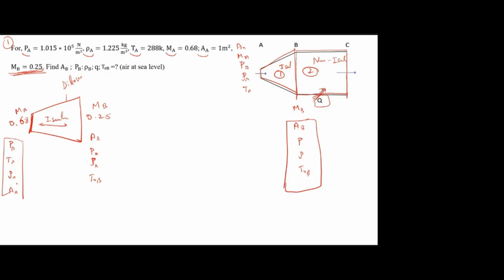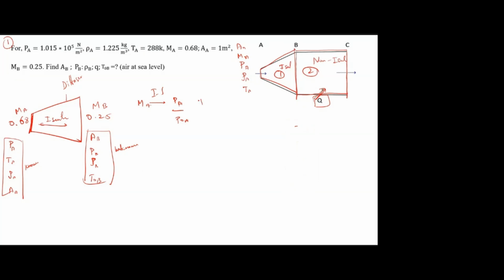These are all known, these are all unknown. How to proceed? You can find PA by P naught, TA by T naught, even AA by A star, from the isentropic table.